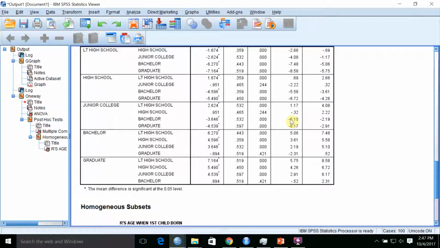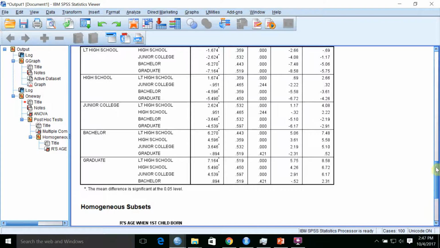And what we see here is that people with bachelor's degrees, on average, have children 0.894 years earlier than people with graduate degrees. So slightly earlier, but again, not significant. So we wouldn't conclude that there is a significant difference between people with bachelor's degrees and graduate degrees in terms of when they have their first child.